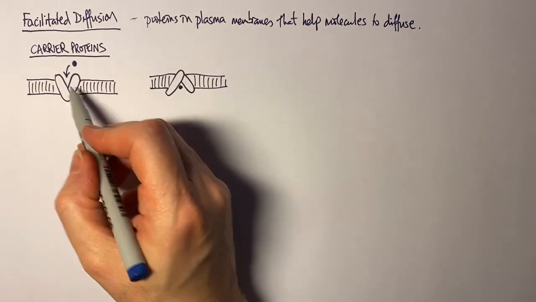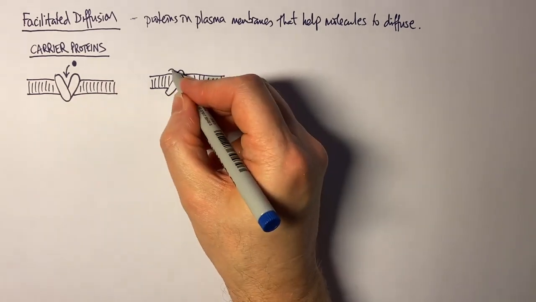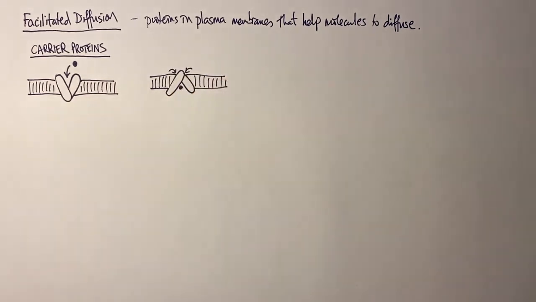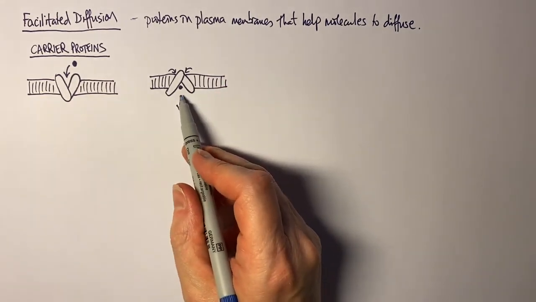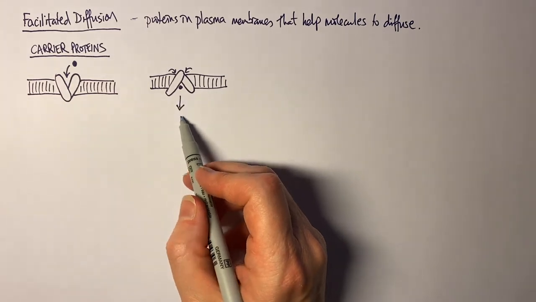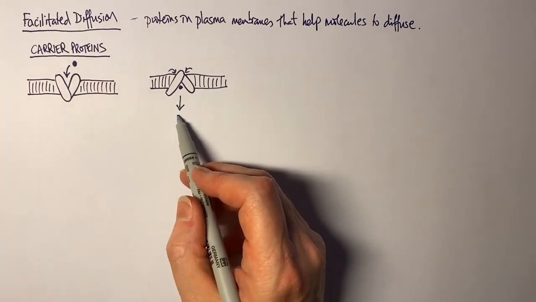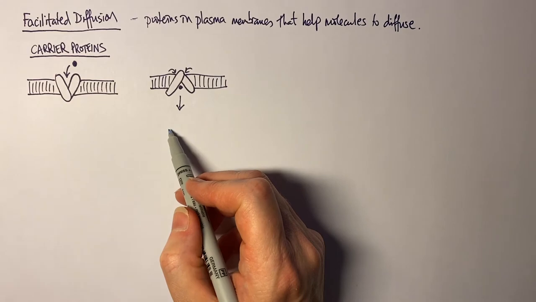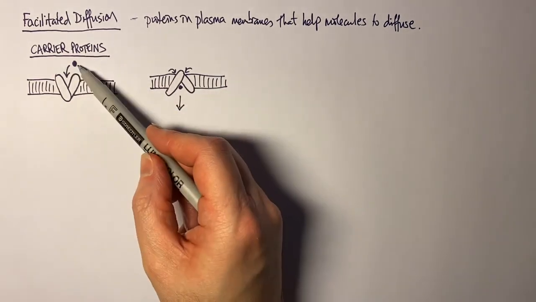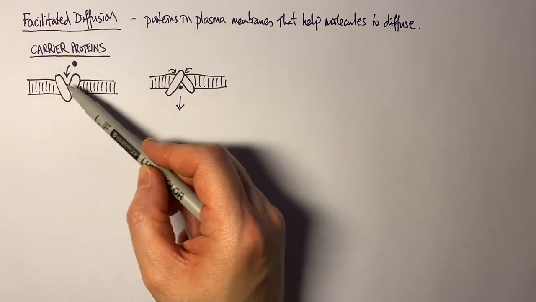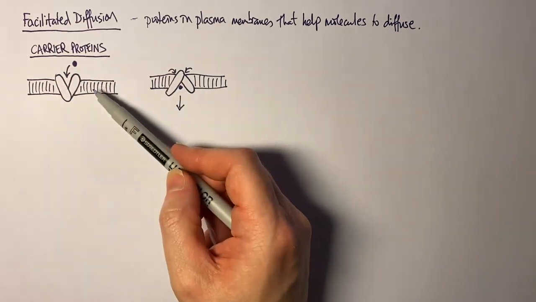So that molecule goes into there, it makes that protein change shape and opens up the other side to that molecule, and then the molecule can move out. It's sometimes called the ping pong effect, where the molecule goes in, ping, and then pong comes out.